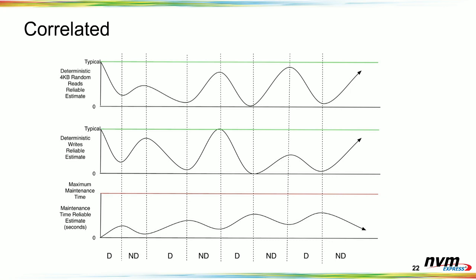And even if you're doing nothing to the drive, but still holding it in a deterministic state, that work will build up as well. That's the maintenance time. So you can imagine these are correlated and move together when you are actually using a drive, and that's what's shown here in this graph.